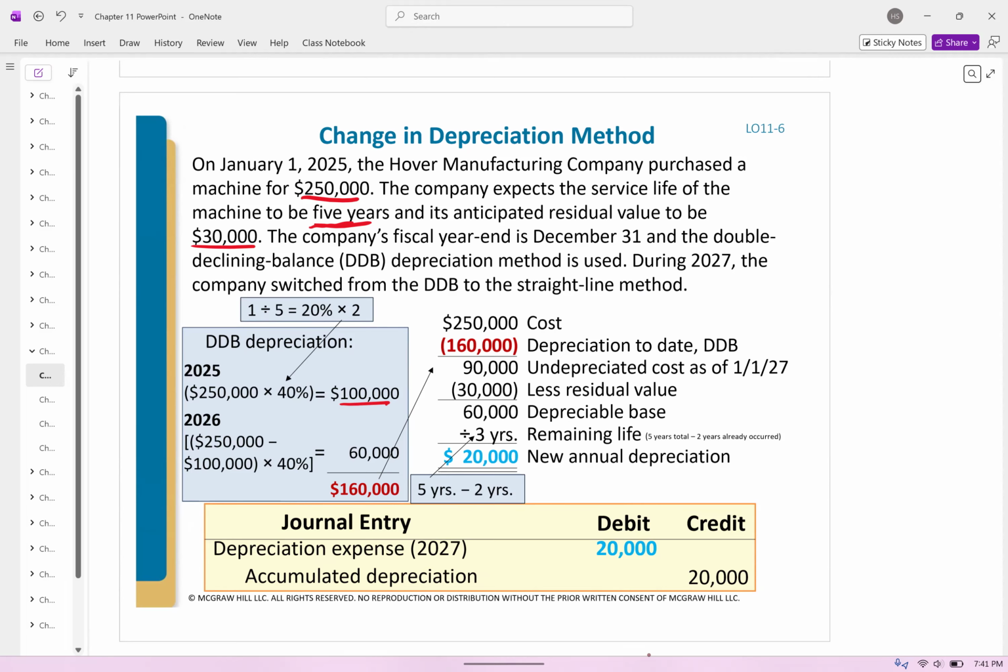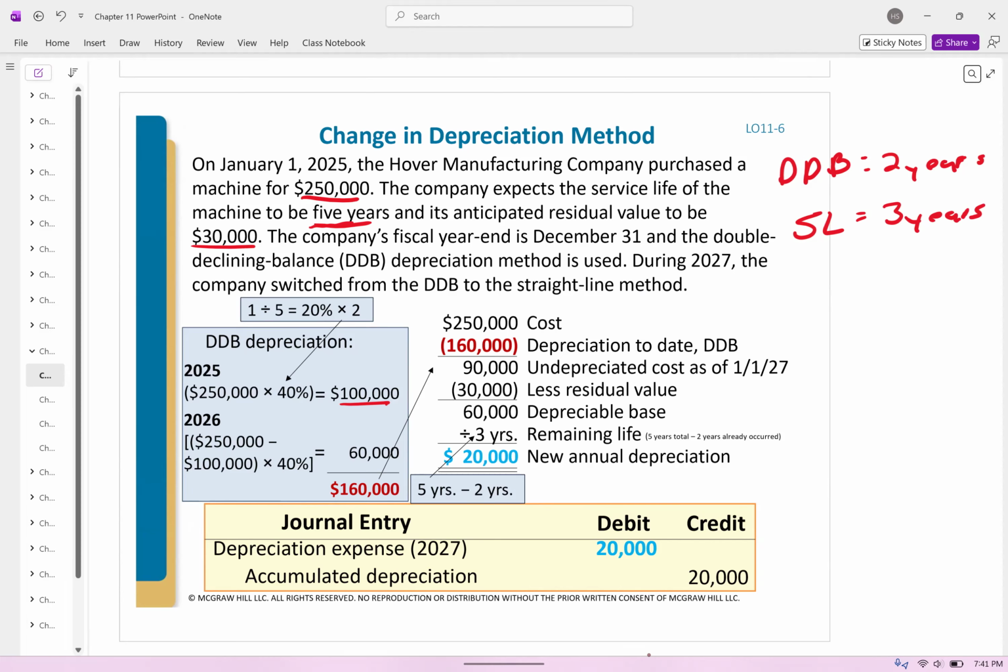So they did double declining balance for 2 years. And this actually happens quite frequently because they get a lot of depreciation in those first years. And then they're going to switch to straight line for the remaining 3 years.